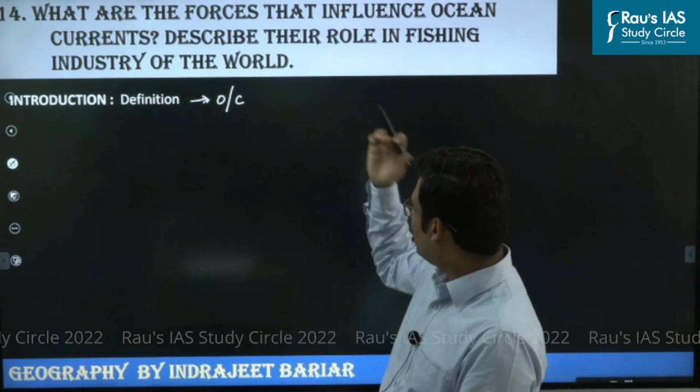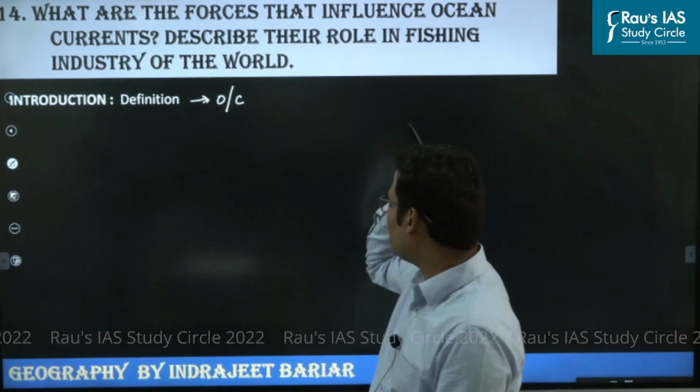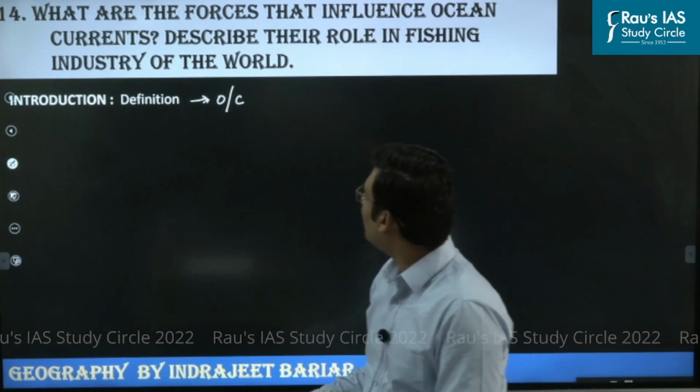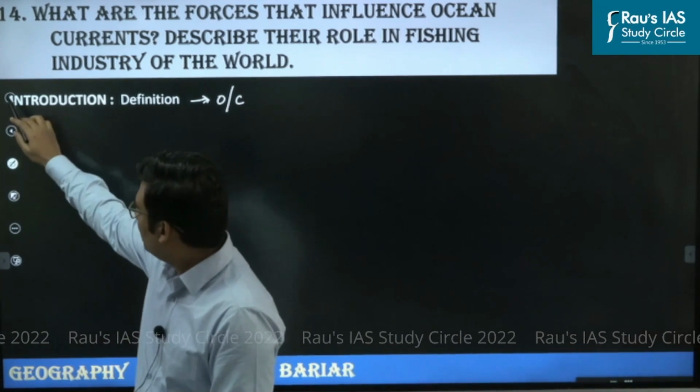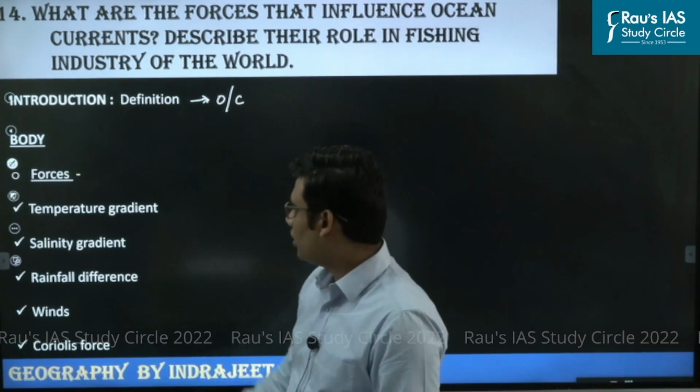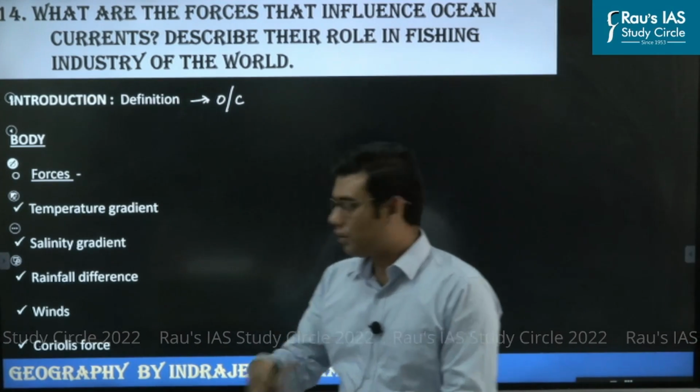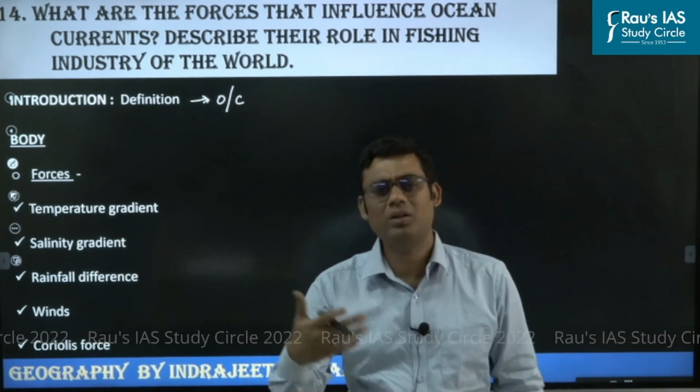After this, let's deal with the two different parts of the question. The first asks me, what are the forces that influence ocean currents? So now talking about the forces, what are the factors which generate these forces?